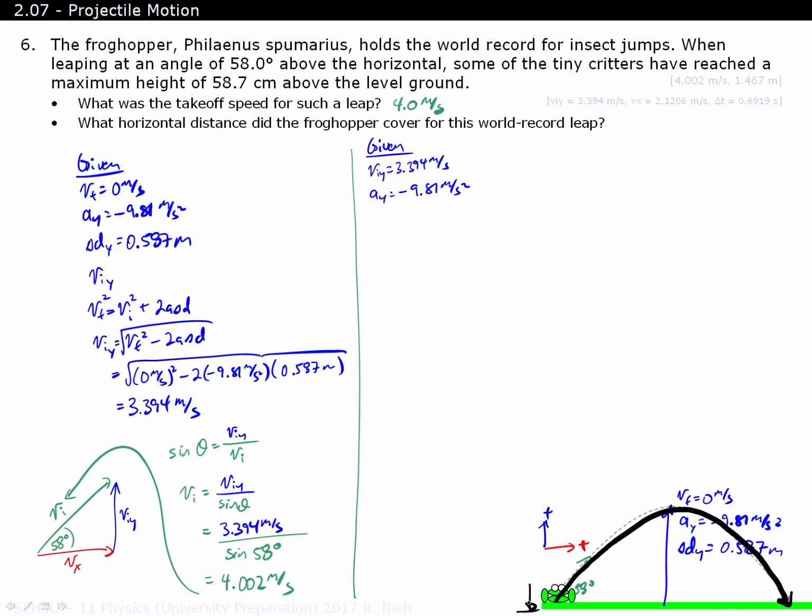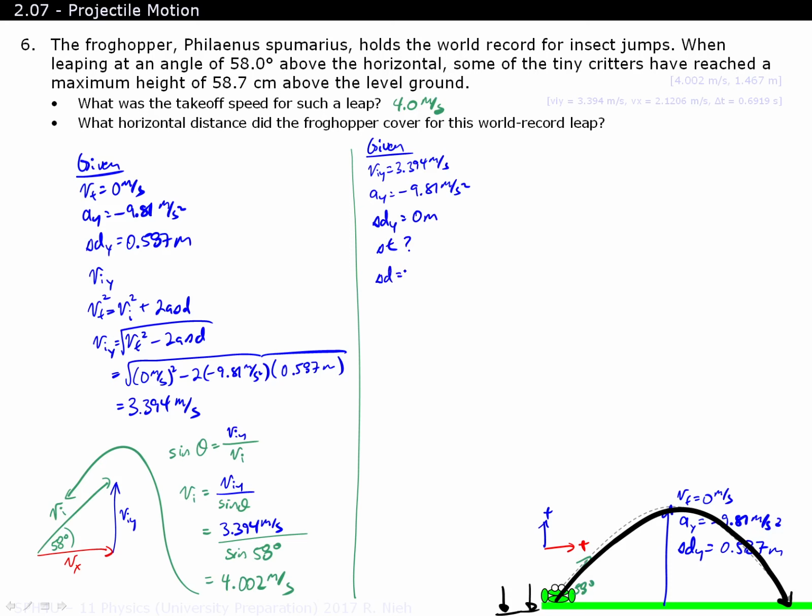So if you take a look at its position vertically at the beginning versus the position at the end, we notice that our delta dy hasn't changed. All right, our vertical displacement is 0 meters. That's sufficient information to tell us the amount of time it takes for it to go up and all the way down.